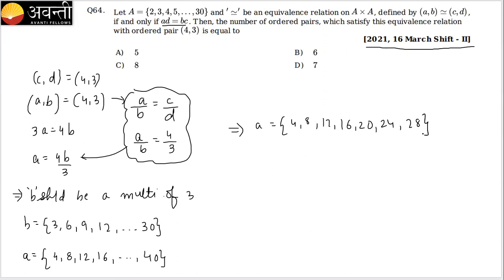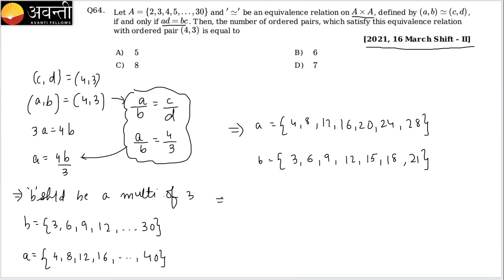It cannot be 32. Why can it not be 32? Because we have to select A and B from set A, since it is a relation on A cross A. So the corresponding B will be 3, 6, 9, 12, 15, 18 and 21.